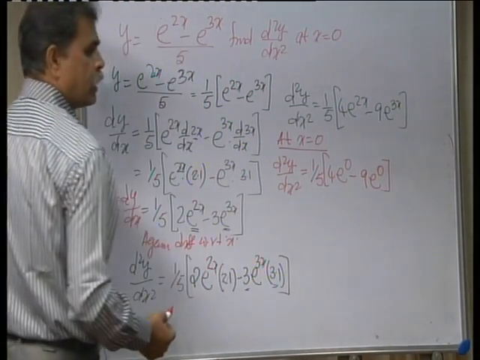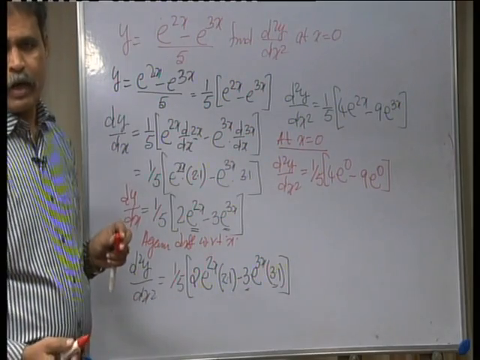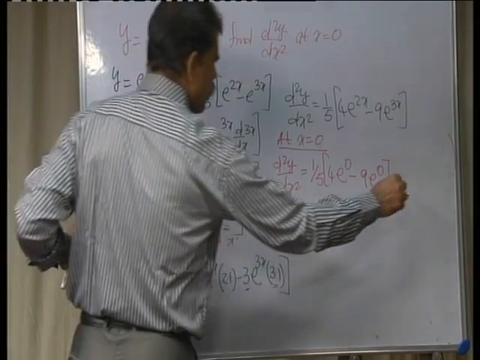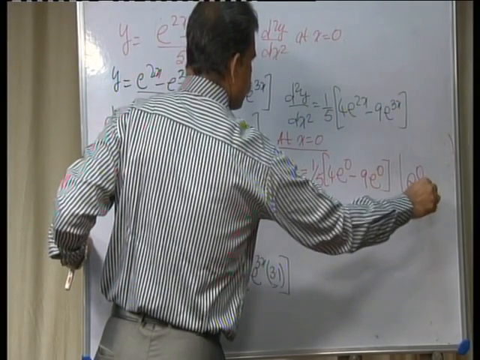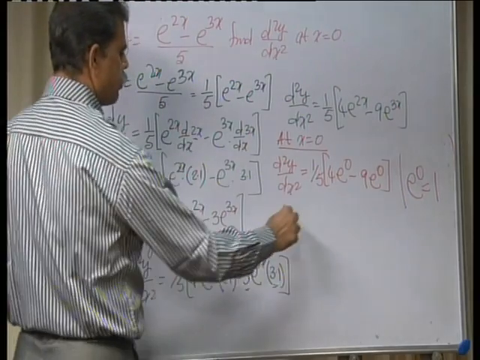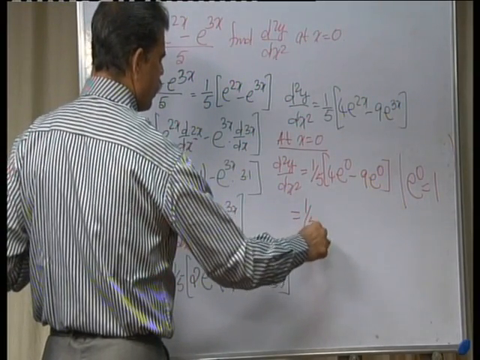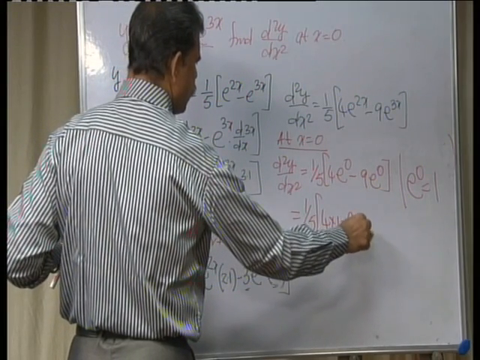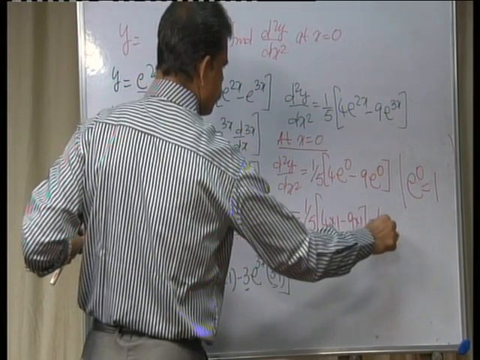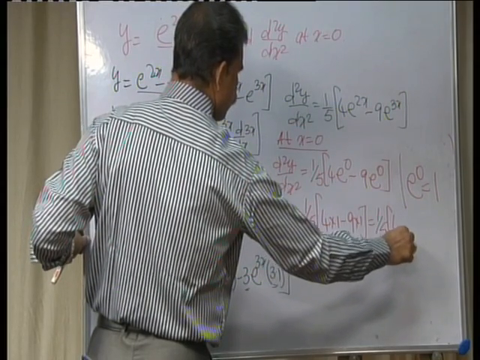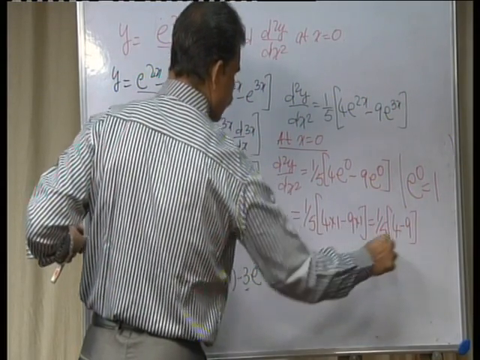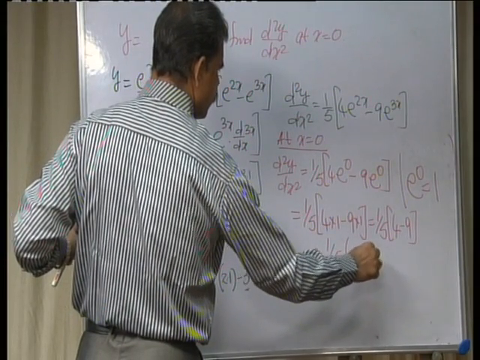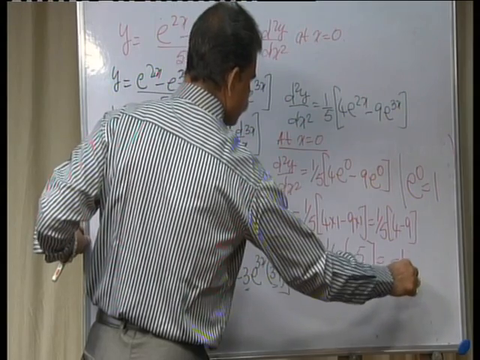As we know, anything to the power of 0, except 0 to the power of 0, is equal to 1. Therefore, e to the power of 0 is equal to 1. If you substitute here, 1 by 5 into 4 into 1 minus 9 into 1, which is equal to 1 by 5 into 4 minus 9, or 1 by 5 into minus 5, which is equal to minus 1.